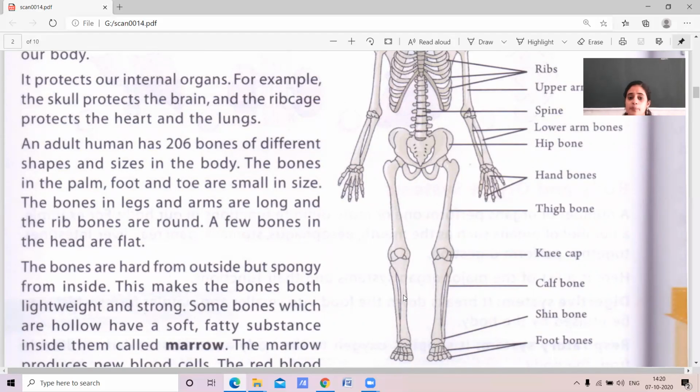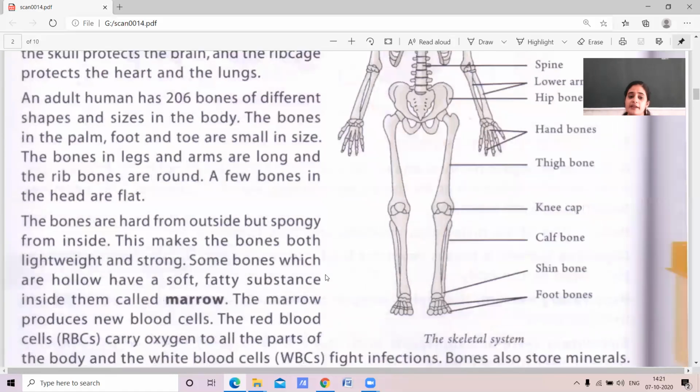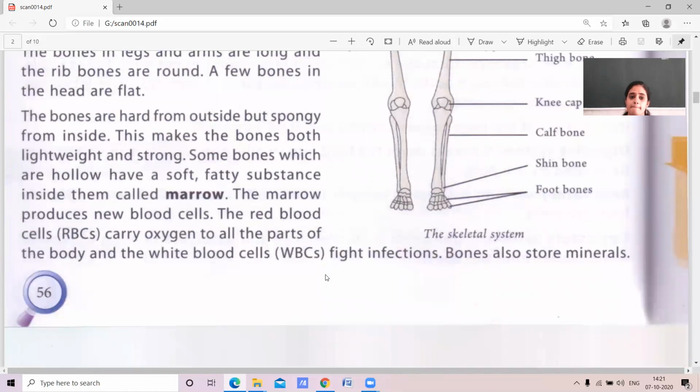The bones in the palm, foot and toe are small in size, children. The bones in the legs and arms are long and the rib bones are round. A few bones in the head are flat.